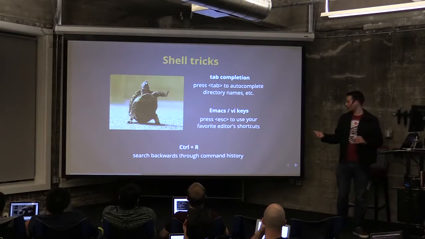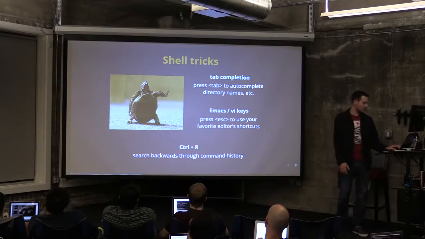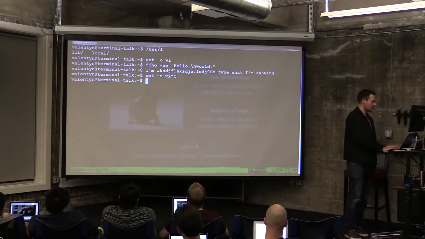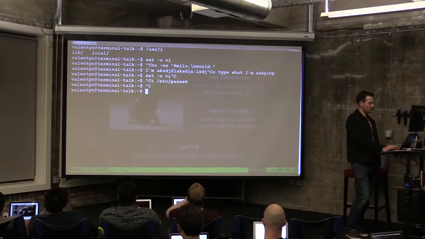There's another pretty nifty way to search through your command history, and this will work whether you have VI or Emacs keys. If you hit Control-R, it's going to start an incremental search. You just type a character, and as you type more characters, it'll give you the command that you typed that has those characters in it.